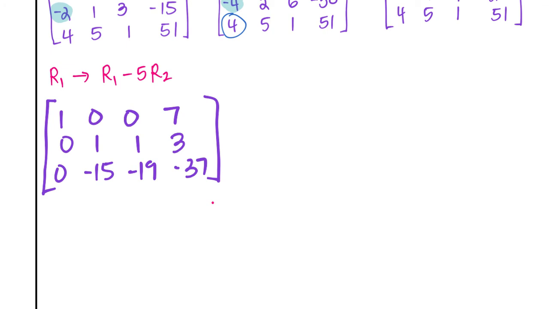Okay, so we're making progress. The next thing that we need to do in this column is this negative 15 also has to turn into a 0. The only way to do that would be to add 15 to it. I have a 1 in this row, so I can multiply that row by 15 and then add those together.